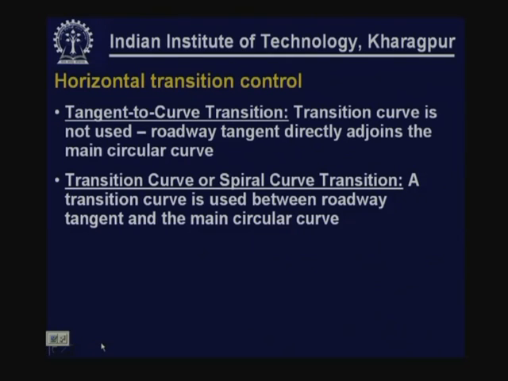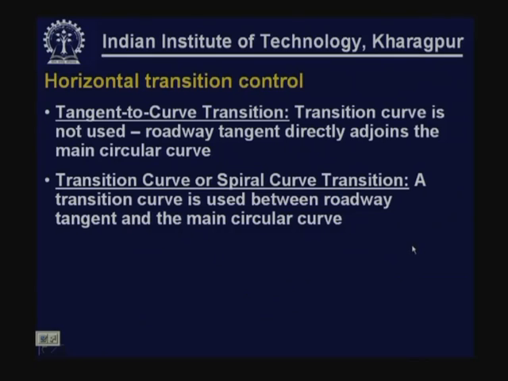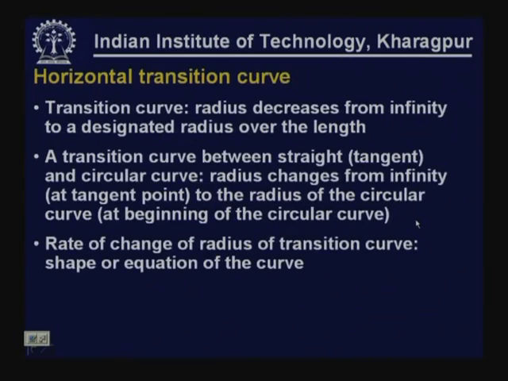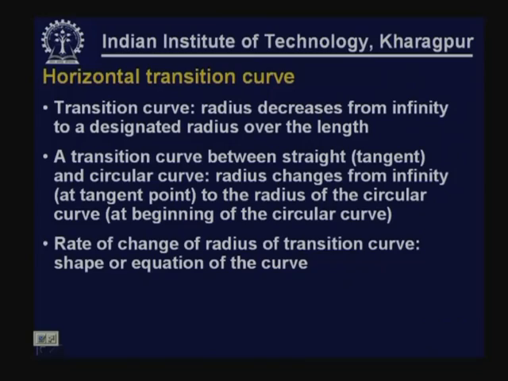We shall now talk about the transition curve or spiral curve transition. Most of our discussions will be around that. Now, what is a transition curve? You know that for a horizontal circular curve, the radius is fixed at any point on the curve.